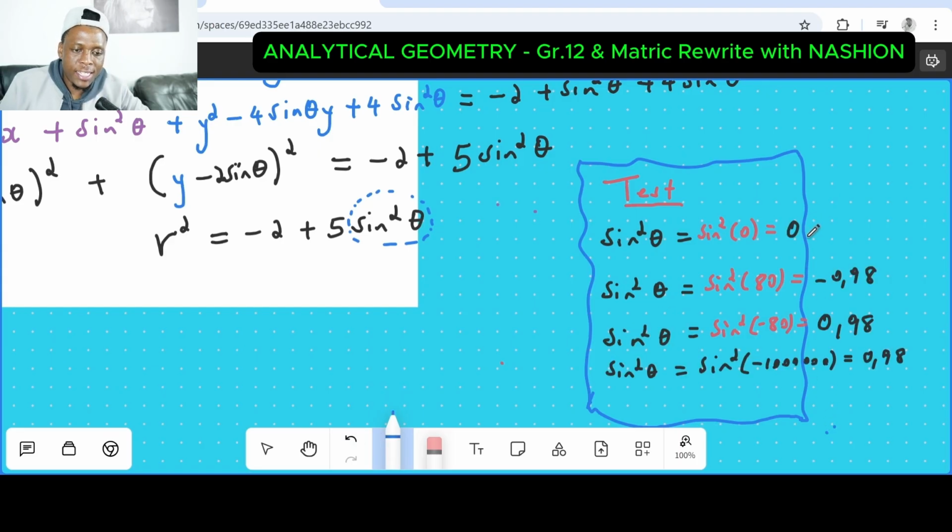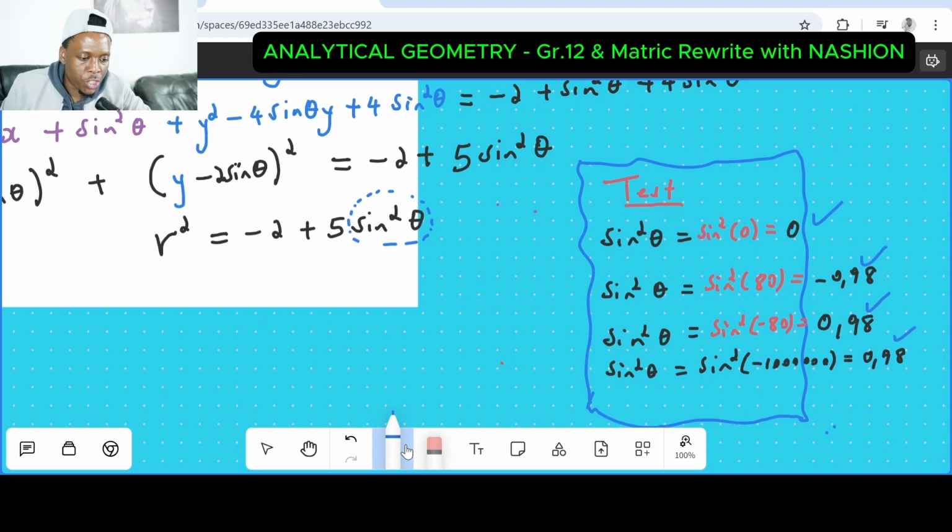Okay, I did here, guys. I substituted random numbers in the place of theta. When I substituted 0, sine squared 0 gave me 0. Sine squared, just random, 80, that's 0.98. Negative 80, 0.98. I even went as far as negative 1,000,000, and I still got 0.98.